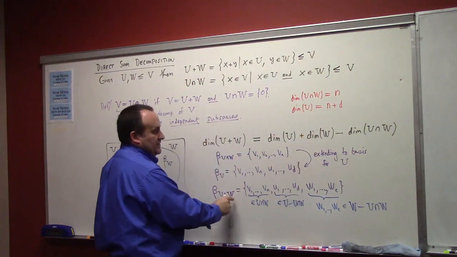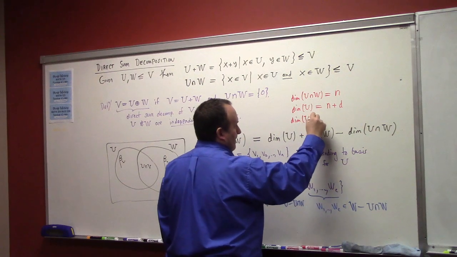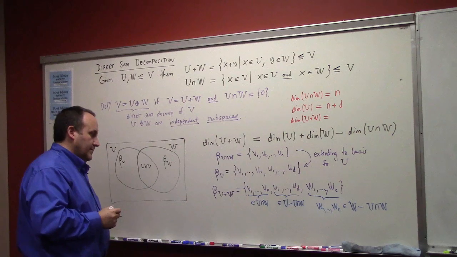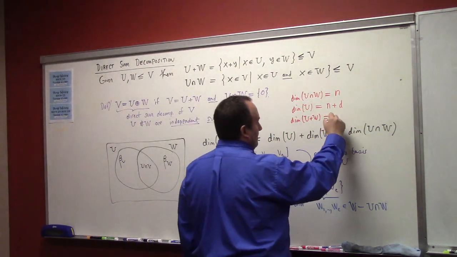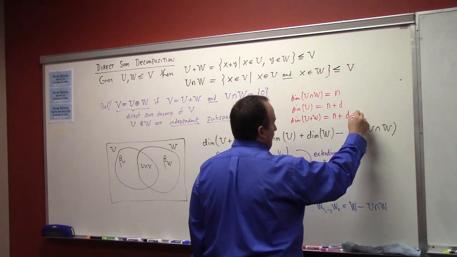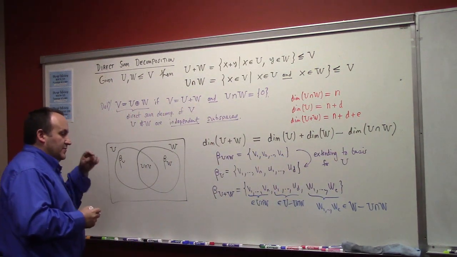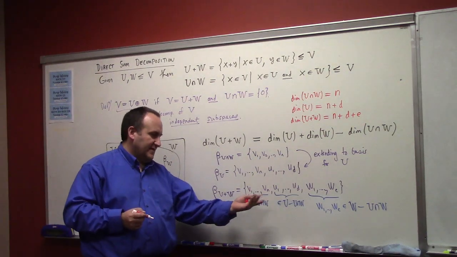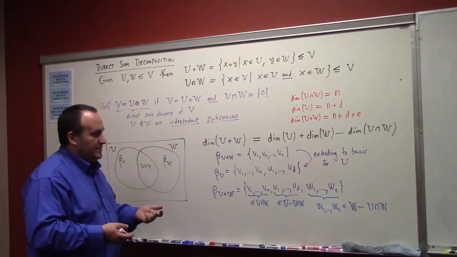The dimension of U plus W would be n plus d plus e, I suppose, right? And I guess if I know that this is indeed a linearly independent set which spans U plus W, I think the theorem follows immediately.